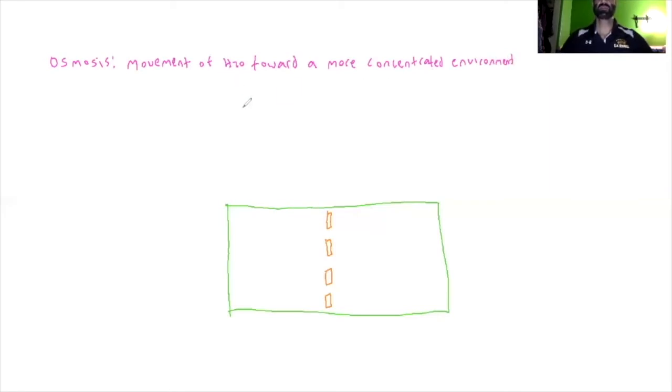So basically, if you have an environment separated by a semi-permeable membrane, water will move toward the side of the membrane that is more concentrated.